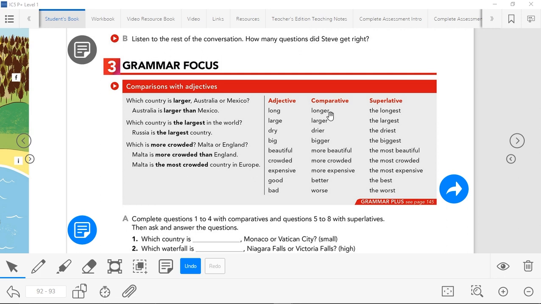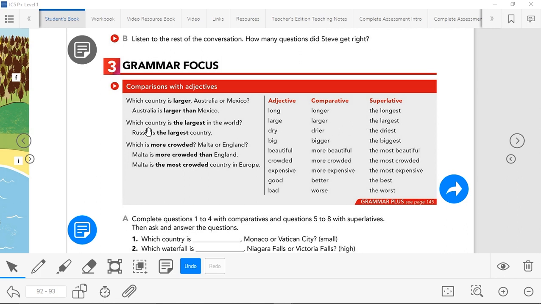And usually, after using a comparative, we use than if you're mentioning the thing right next to it. For example, if we say here, which country is larger, Australia or Mexico? Australia is larger than Mexico. So we're mentioning the thing, so we need to use than. And for the superlative, we always use the.